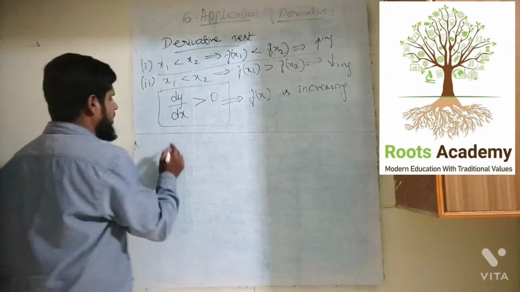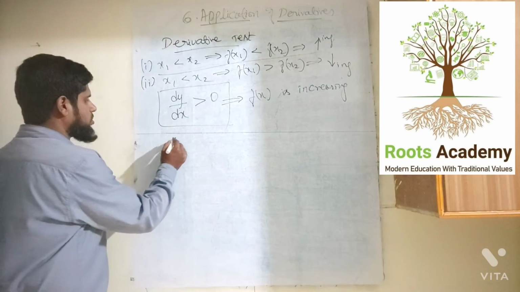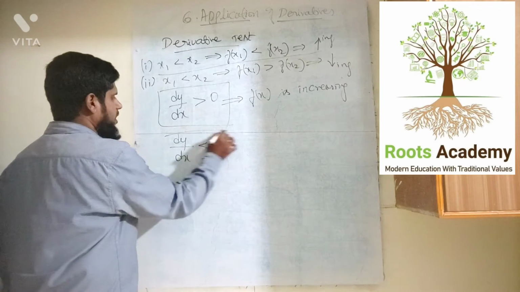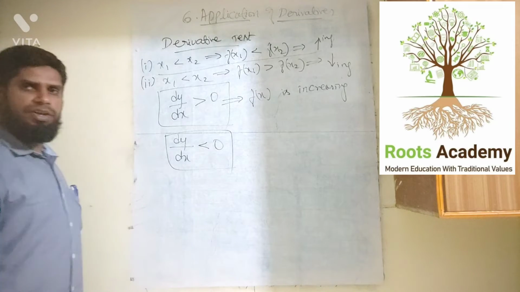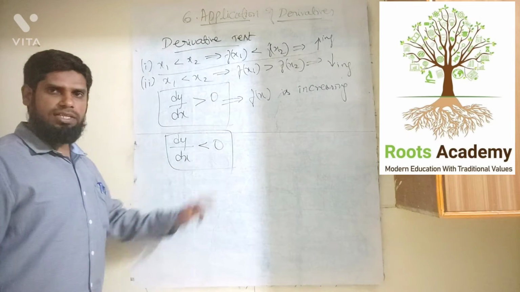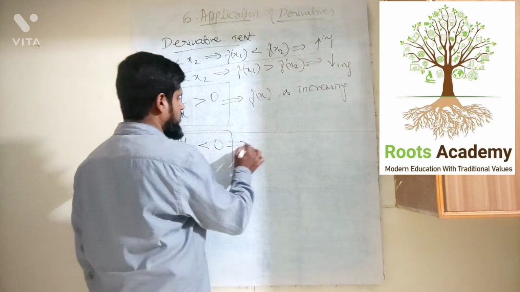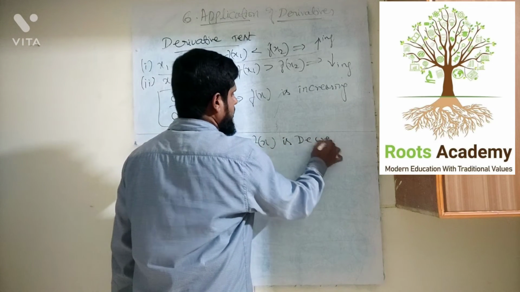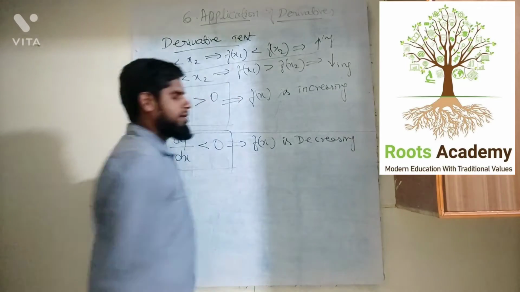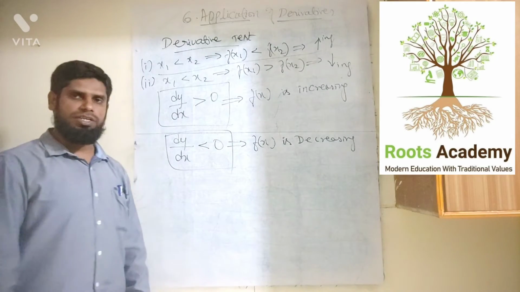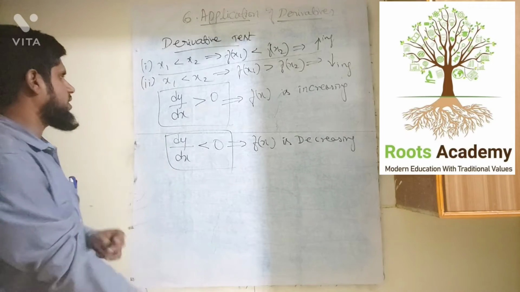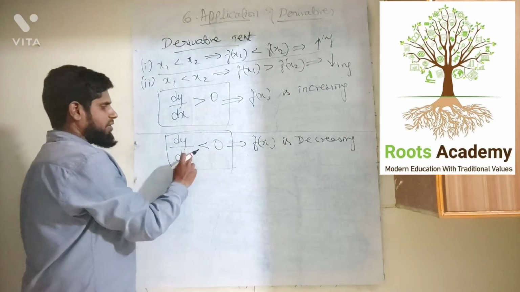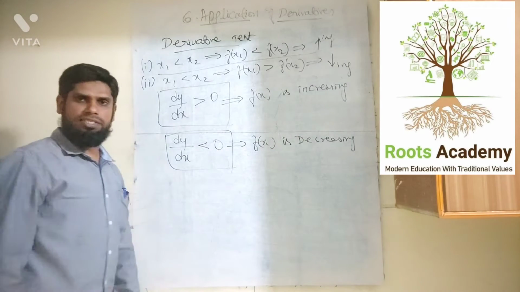If any function whose derivative dy by dx is less than 0, then the function is a decreasing function. So the derivative test says that derivative greater than 0 means obviously it is increasing, and derivative less than 0 means it is a decreasing function.